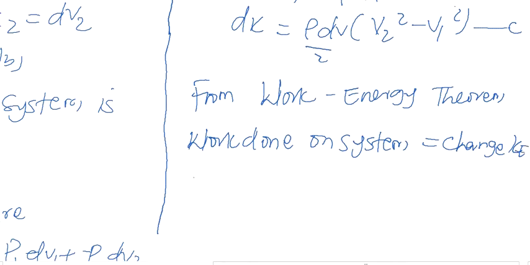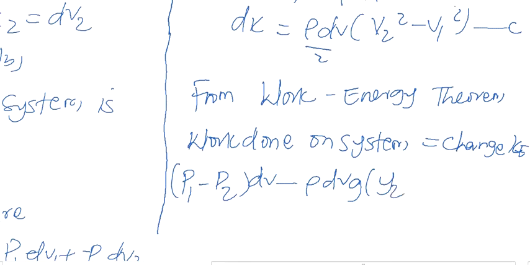Therefore, the total work done on the system is due to pressure and the negative work done by gravity, which is (P1 minus P2) dV, then minus rho dV g times (y2 minus y1), which is equal to rho dV over 2 times (V2 squared minus V1 squared).